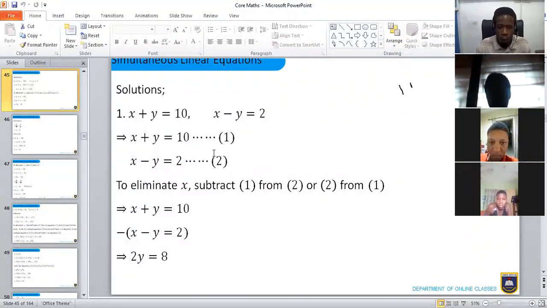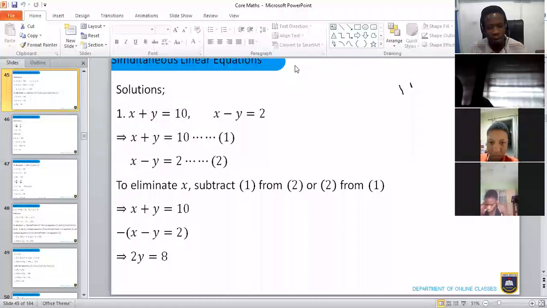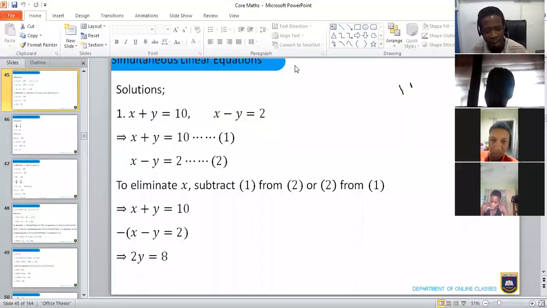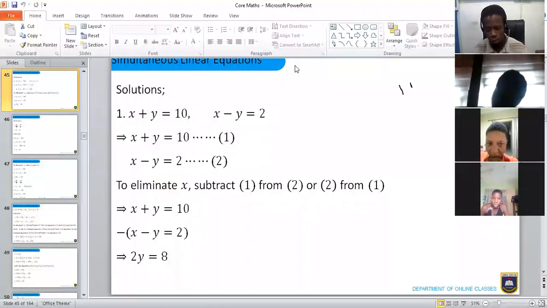Equation 1 is x plus y is equal to 10, and equation 2 is x minus y is equal to 2.